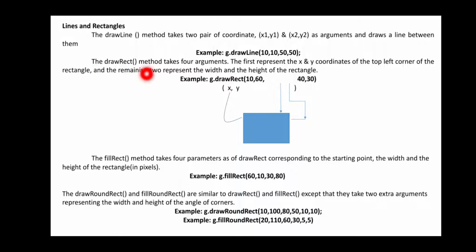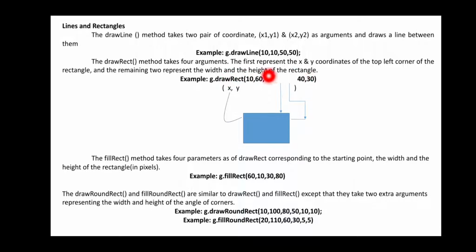The draw rectangle method takes 4 arguments, same as in Java for drawing lines, but the first two are the x and y coordinates of the top left corner of the rectangle, and the remaining two represent the length and width, or height and width, of that rectangle.